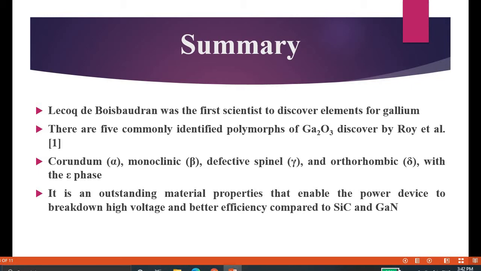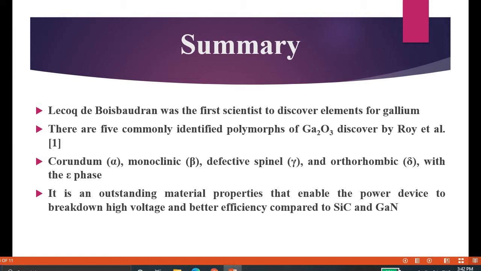These five polymorphs each have a specific name: alpha corundum, beta monoclinic, gamma defective spinel, delta orthorhombic, and epsilon orthorhombic structure.